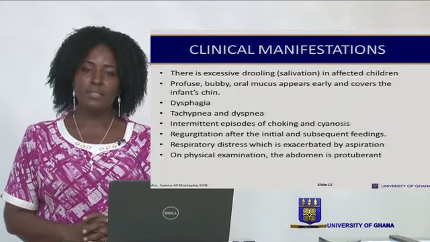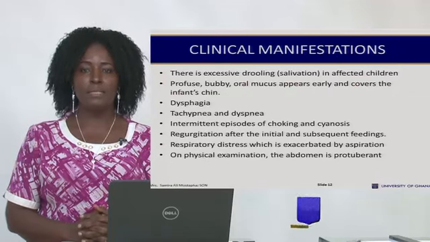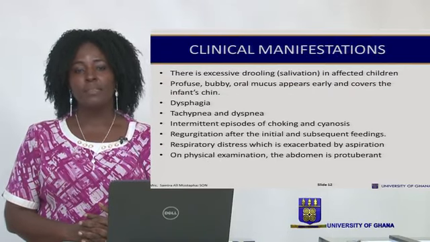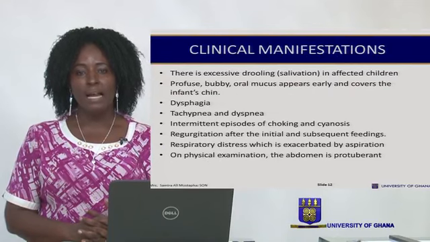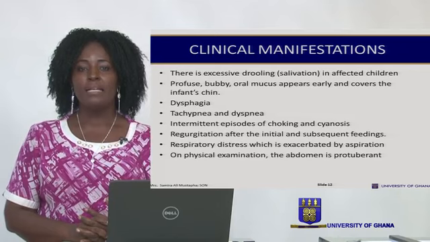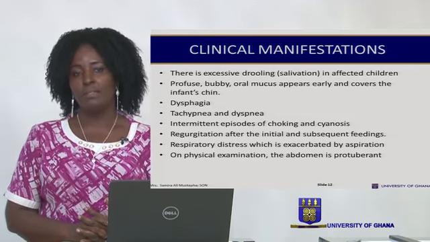Clinical manifestations. There is excessive drooling because the passage is blocked. So there is salivation in the affected children, and profuse bubbling of oral mucus appears. And then there is dysphagia, and there is tachypnea and dyspnea connected to the airway, and then intermittent episodes of choking and cyanosis.